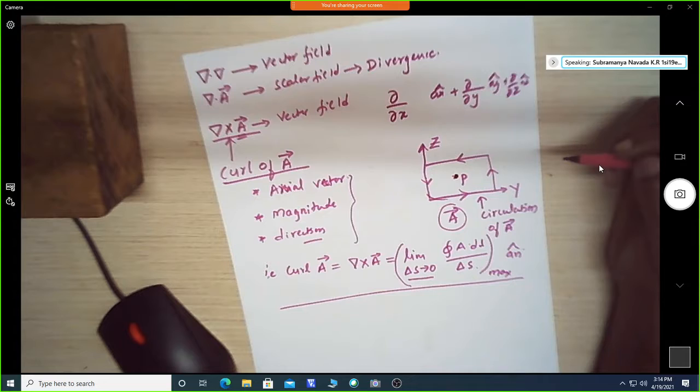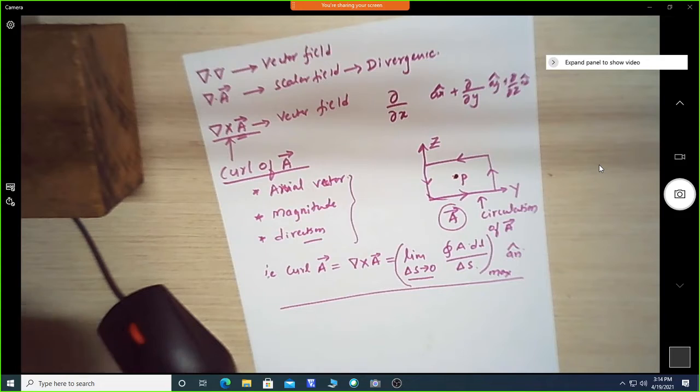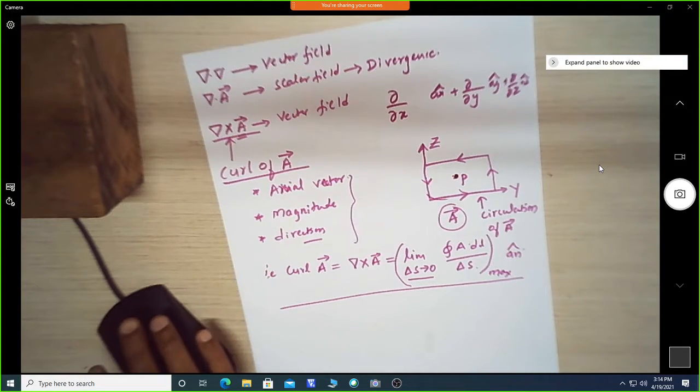How have we defined it in the formula, sir? Your voice is a little low. Tell me, Subramanya. Got it, sir.